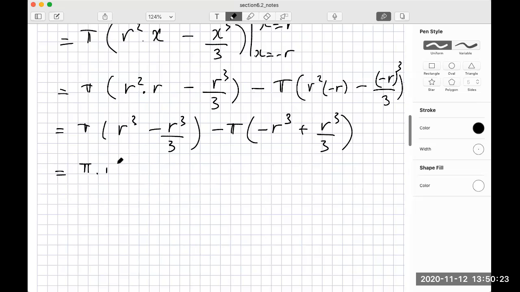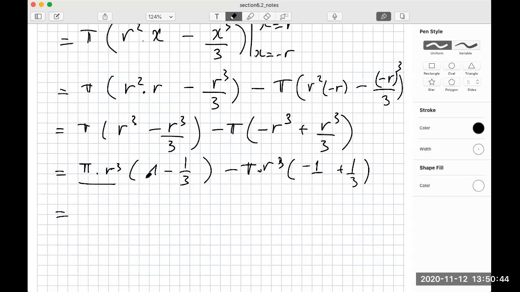If we factor R cubed here, what do we have? Then again, R cubed and pi R cubed, we can factor it out, right?